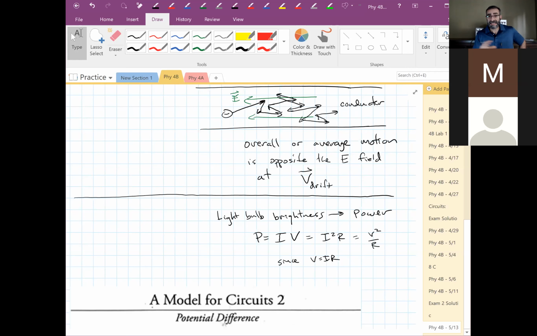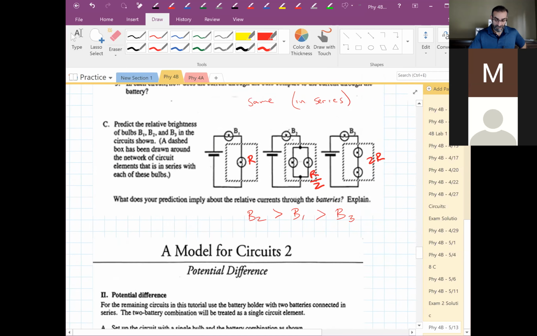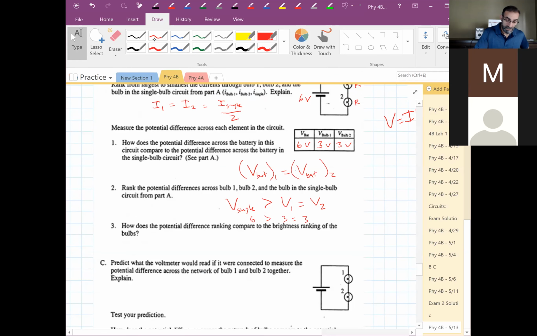But if we are using identical bulbs and we know that they have the same resistance, then if one is brighter than the other, that means it has a greater delta V across it, or it has a greater current through it. Either way, it tells us the same thing, right? More current or more delta V gives us brighter bulbs. Okay, that's what they're trying to get at here. All right, let's move on.